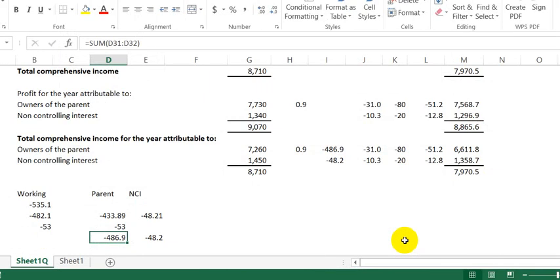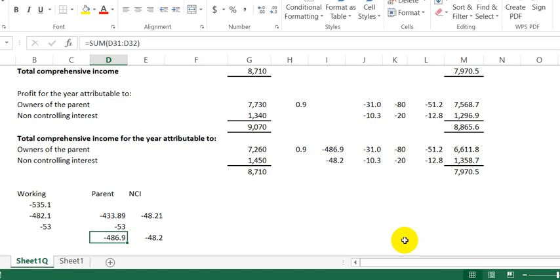So I'll share the spreadsheets, not the solution, the blank spreadsheets, and I want you to practice and practice and practice before you compare with the model answer.